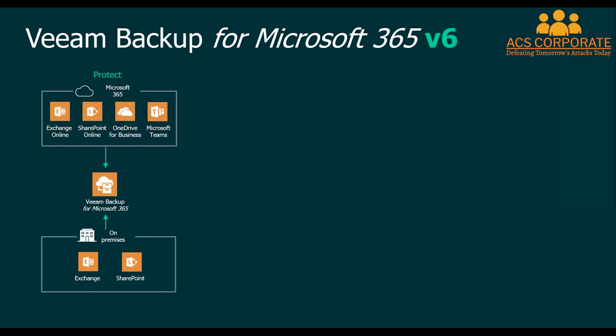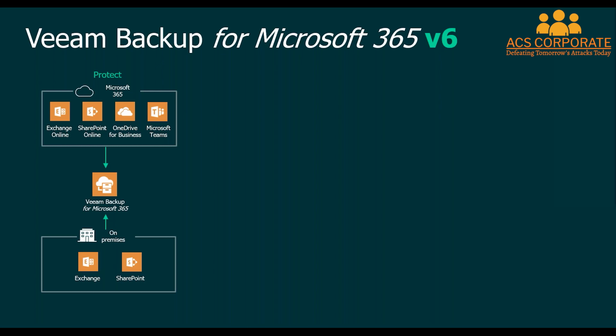Before we start the demo, I'd like to tell you a couple of words about Veeam Backup for Microsoft 365 architecture in version 6, our latest version at the moment. As I said before, we are able to back up Exchange Online, SharePoint Online, OneDrive for Business, and of course, Microsoft Teams, because its data is located in all the previous types of objects.